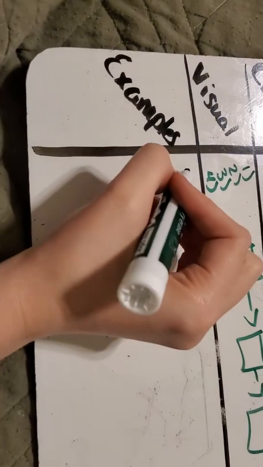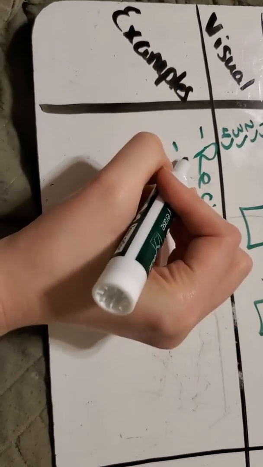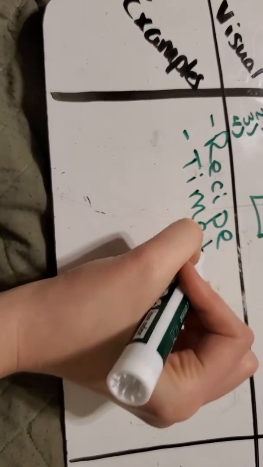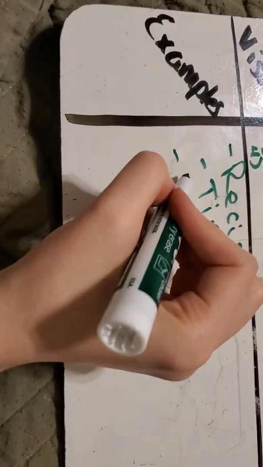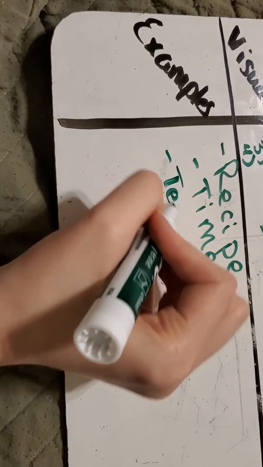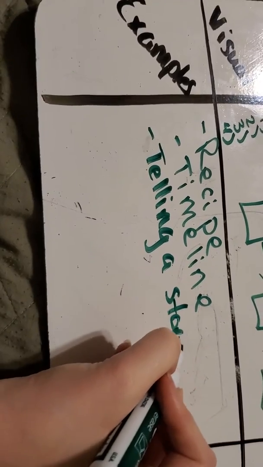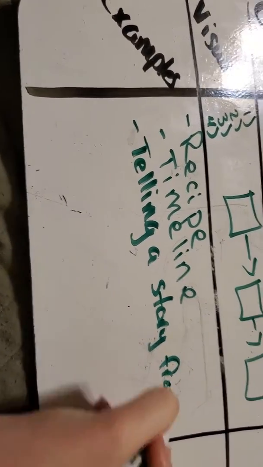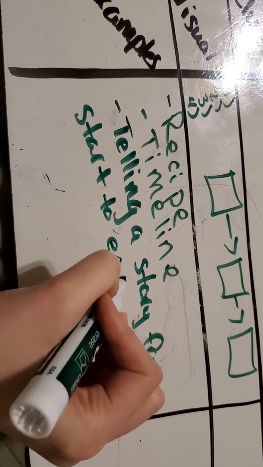So for your examples, it could be a recipe, like we said, a timeline. You could be telling a story about how something happened, telling a story from start to end.